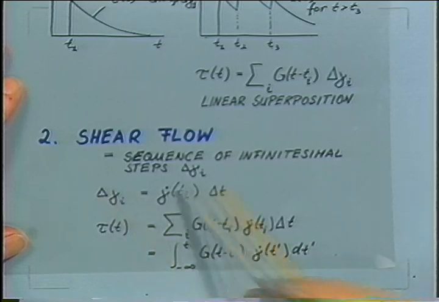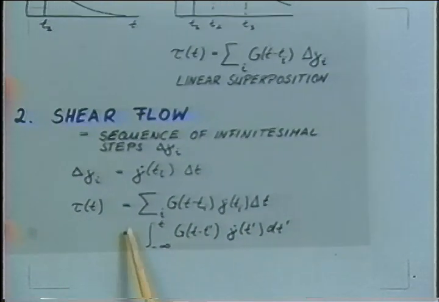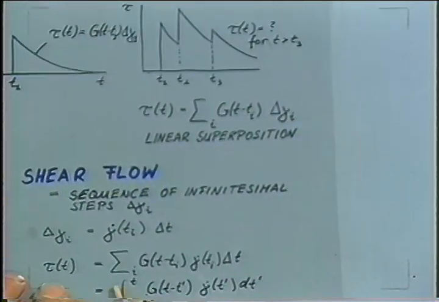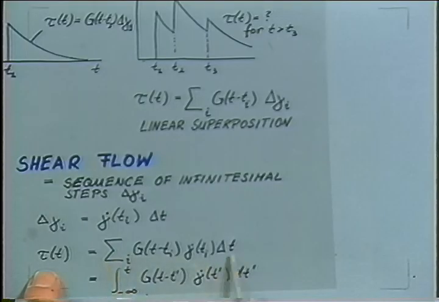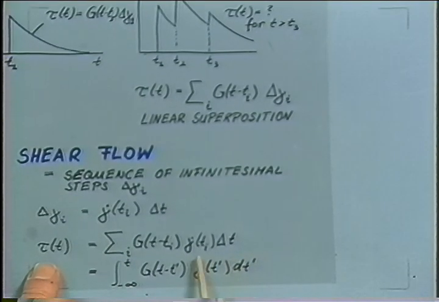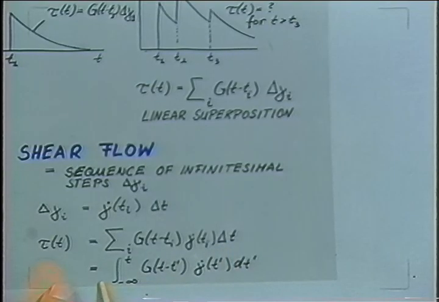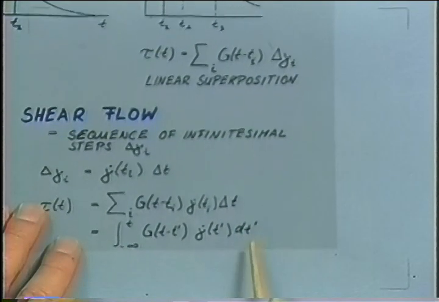So this is an incremental strain introduced, and we would have this equation rewritten, saying the stress is given as the sum of all those incremental strains, and the strains would be gamma dot times delta t, weighted with the relaxation modulus. And since all those strains are small, we can rewrite this as a differential equation.